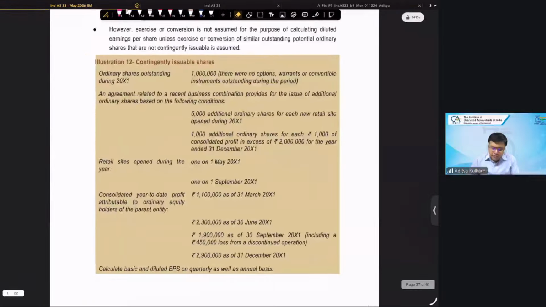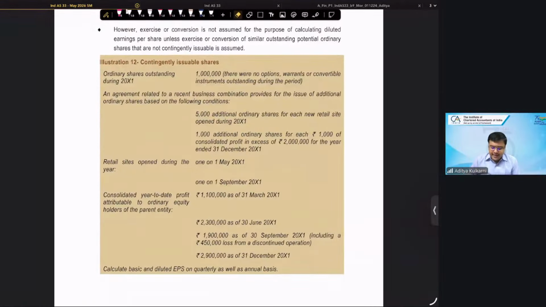See, you have ordinary shares outstanding 10 lakhs, no options, warrants or convertible instruments. An agreement related to a recent business combination provides for issue of additional ordinary shares based on the following conditions. 5,000 additional ordinary shares for each new retail site opened during 20x1.